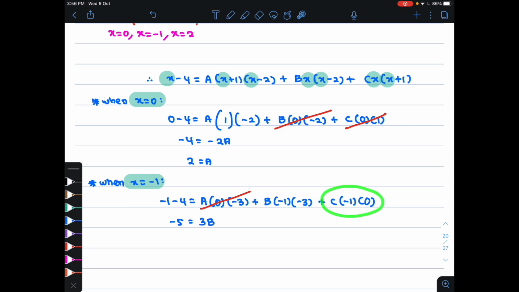And for the last term, it is also equal to 0. Therefore, it is just negative 5 equal to 3B, and hence B is negative 5 over 3.